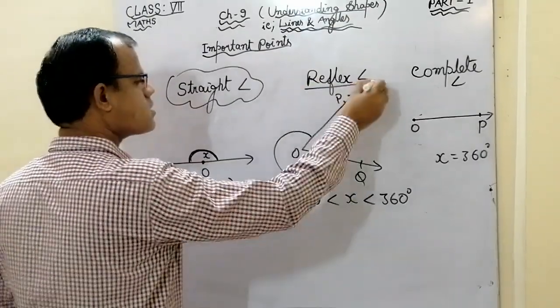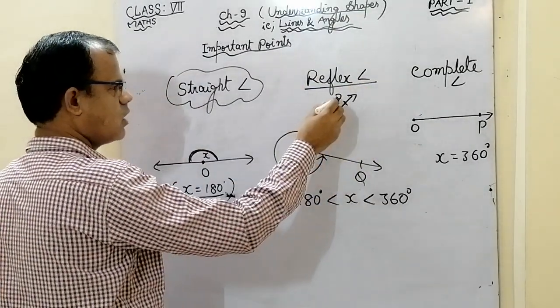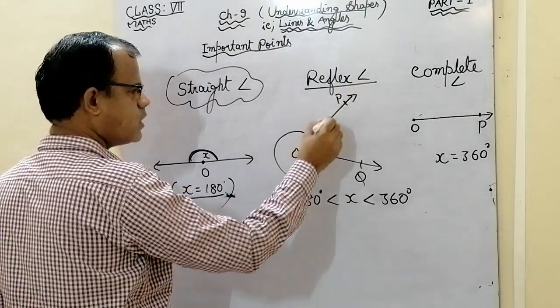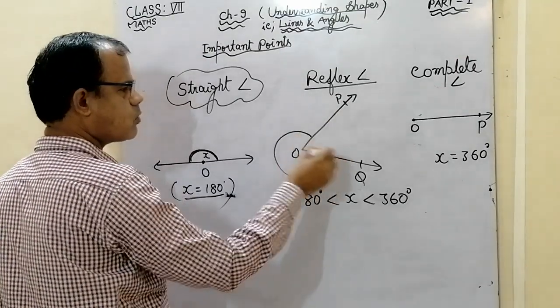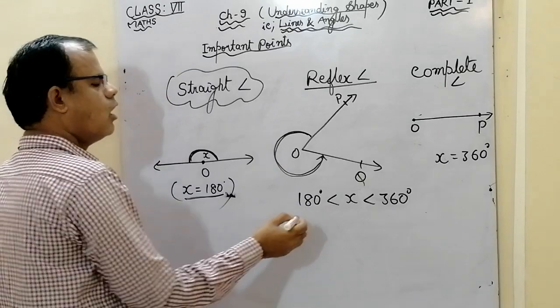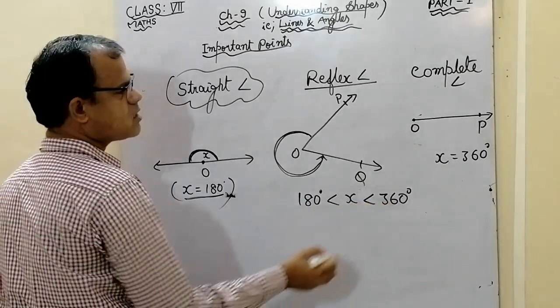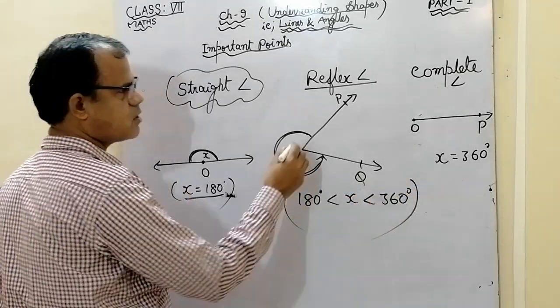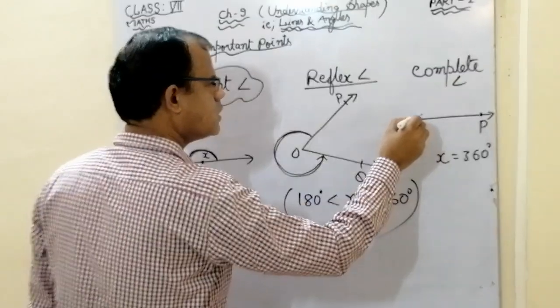Next, reflex angle. Here you can see this angle POX, and the reflex of POX is this angle. This angle is more than 180 and less than 360 degrees. So this is a reflex angle, and this is a complete angle.